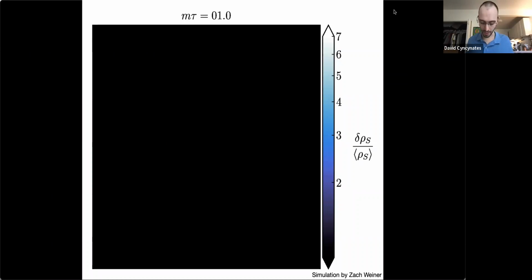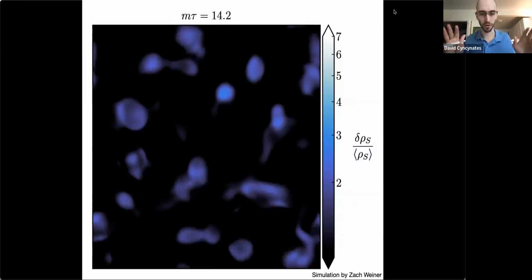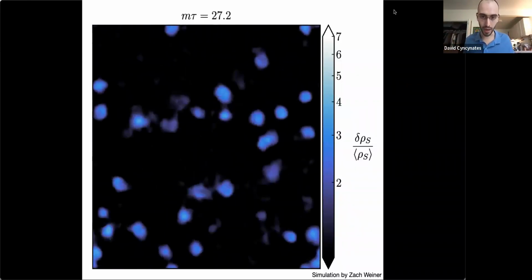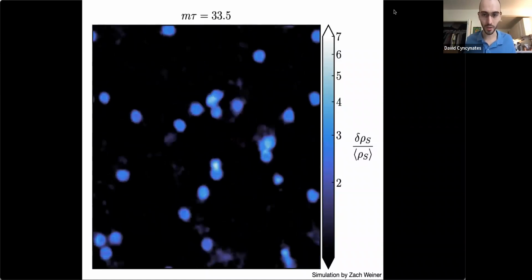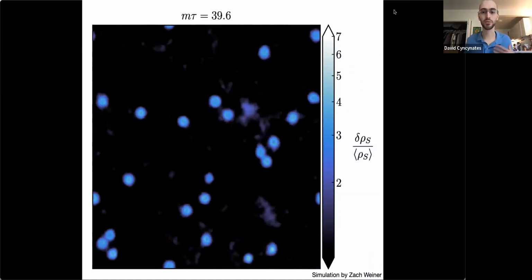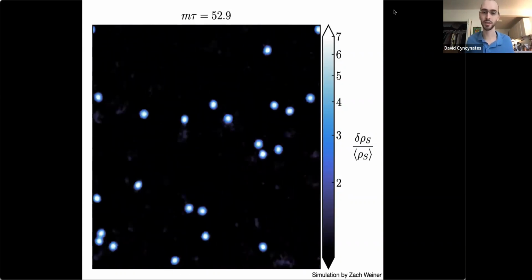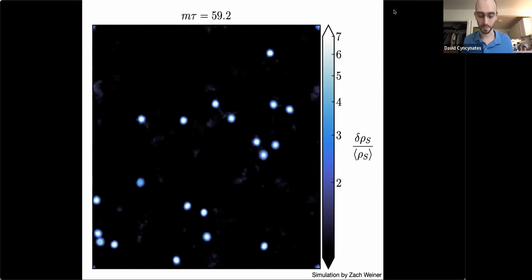So here I'm plotting the fluctuations in the short axion energy density over the average short axion energy density. And what we'll see is that very rapidly, these perturbations explode out of nowhere and coalesce into these spherical objects called oscillons. These oscillons are examples of non-topological solitons. Their decay is not prevented by any conserved number.